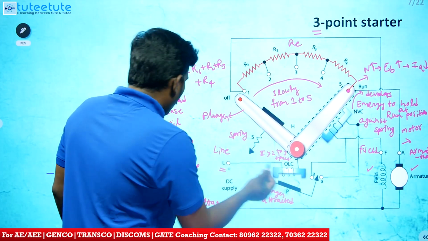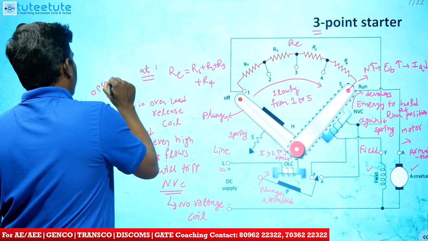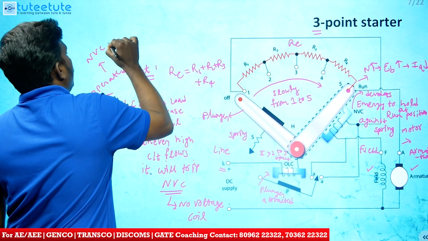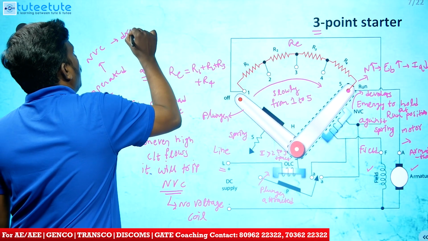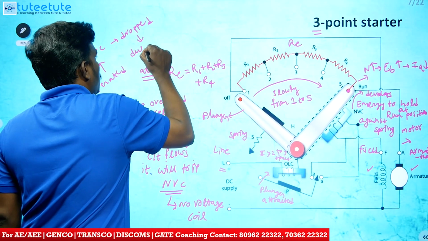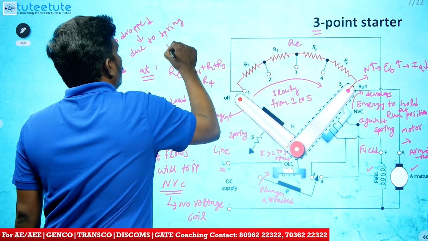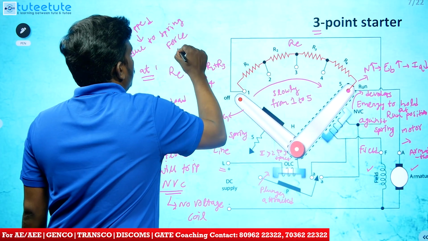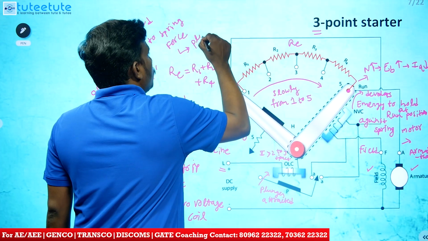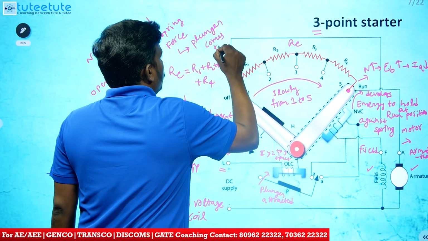So whenever the OLC operates, the NVC is dropped, and due to spring force, the plunger comes to the off position.